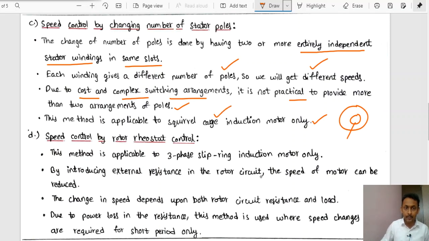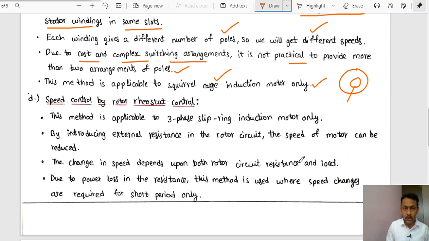Next one is speed control by rotor rheostat control. This method is applicable to the slip ring induction motor only. We cannot modify the rheostat or resistance of a squirrel cage induction motor once its construction is completed; adding resistances in series with the rotor will be difficult.